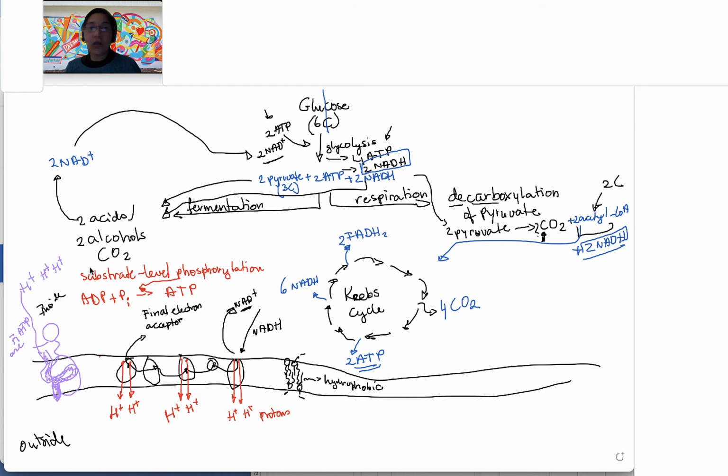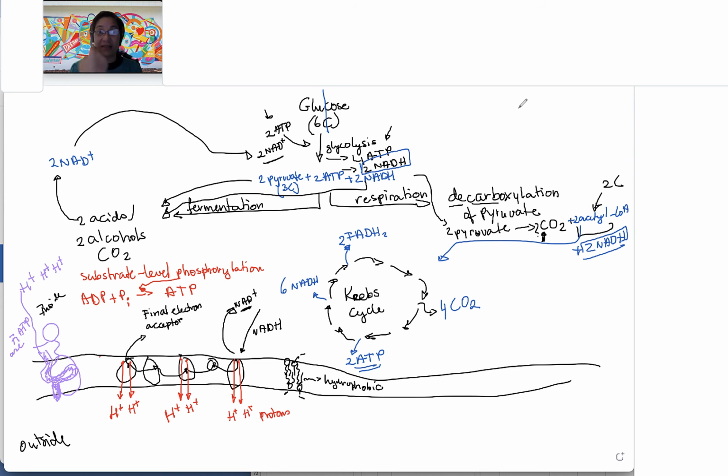Now that ATPase uses the flow of those protons, and you don't have to know how it works, but really what happens is there are these subunits with alternating negative and positive charges that are attracted and repelled by the flowing protons. So the highly positively charged protons go through that protein, and that protein in return will turn.